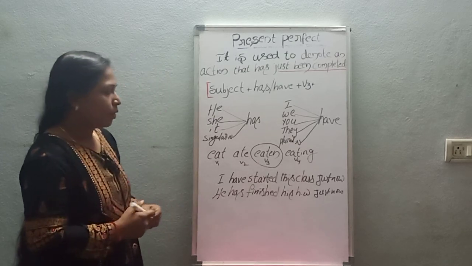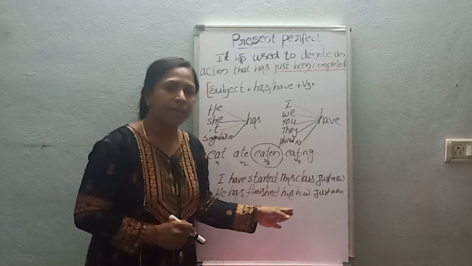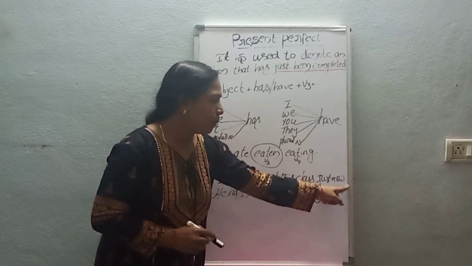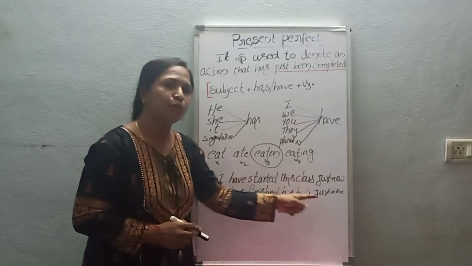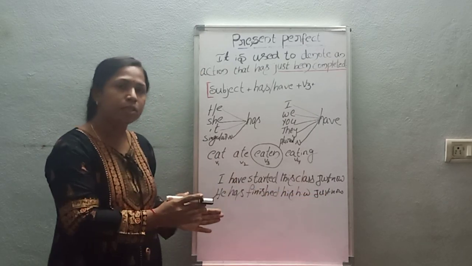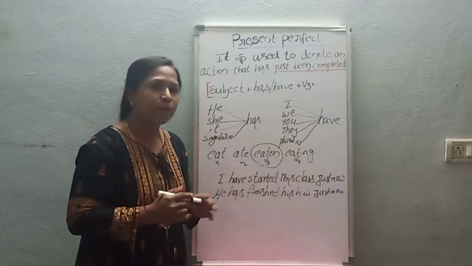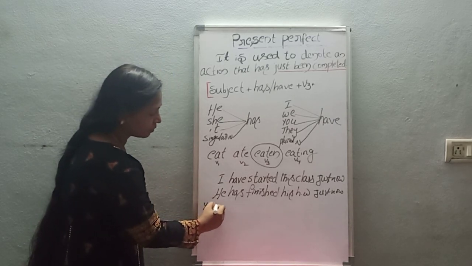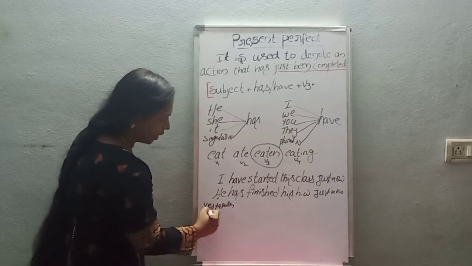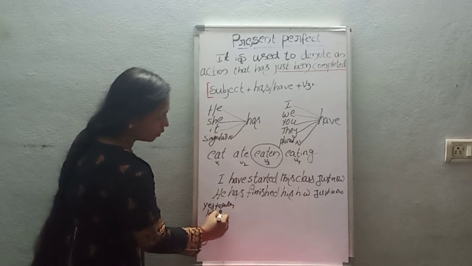What you need to understand here is that I have not mentioned a point of time. If a point of time is used with present perfect, the sentence will be wrong. Point of time or finished time means yesterday, one day ago, one o'clock.